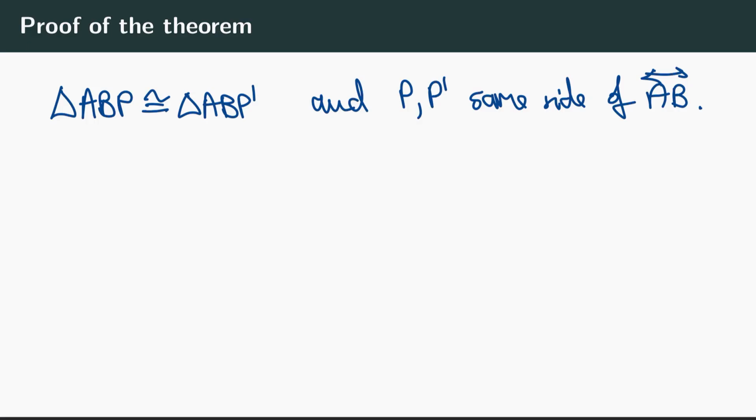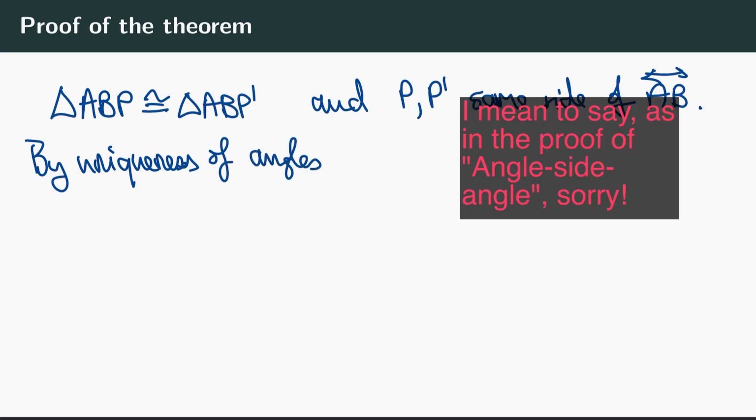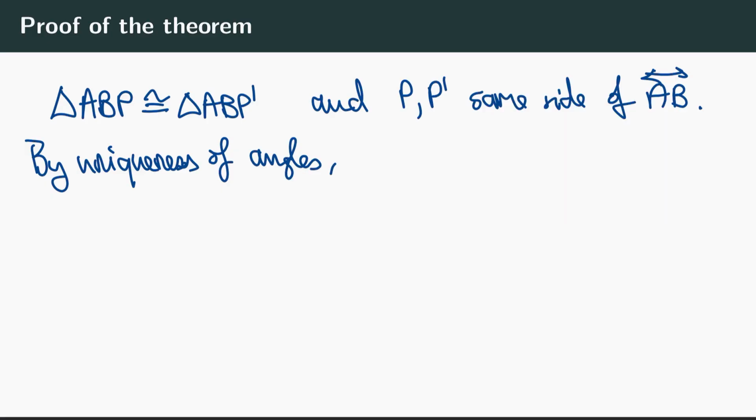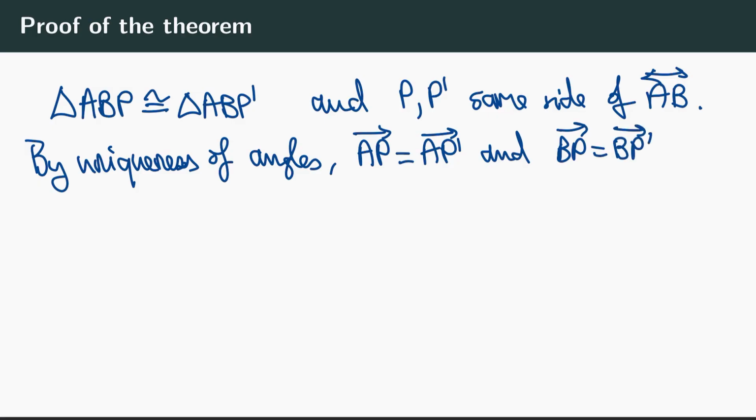By uniqueness of angles, and this is very similar to what we did with the side angle side congruence, we have then that the ray AP equals the ray AP prime, and the ray BP equals the ray BP prime.